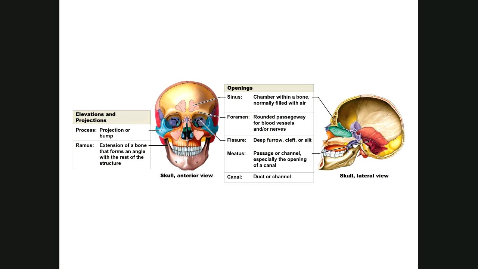This one is good to tell you. A lot of bones will have sinuses in them. A sinus is typically just a space filled with air, and the frontal bone has sinuses. The sphenoid bone has sinuses. The maxillary has sinuses.